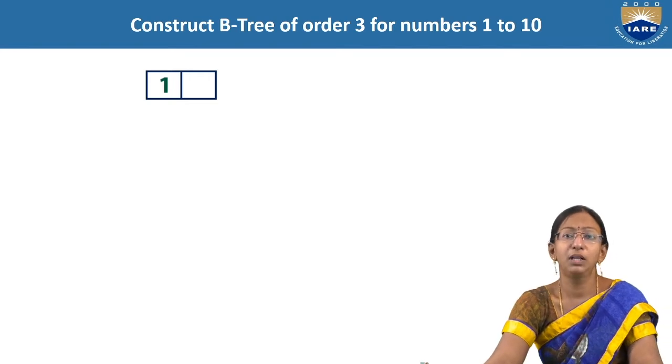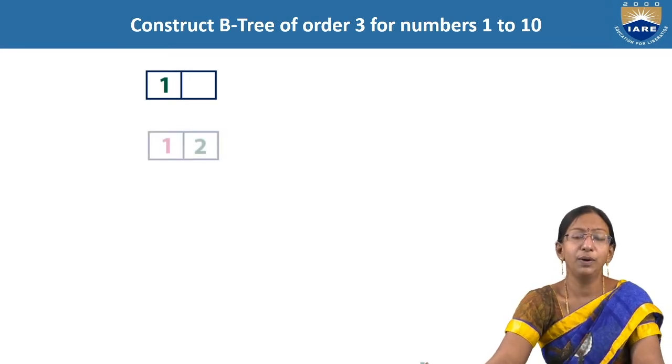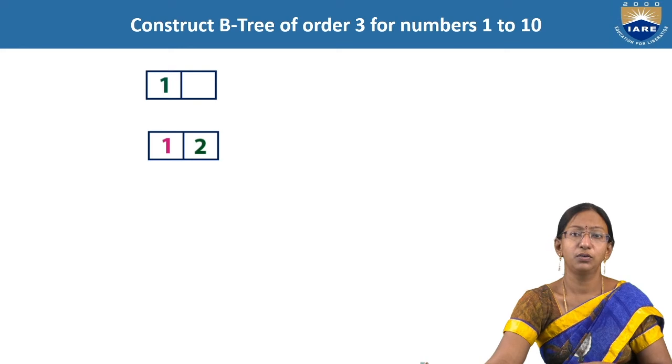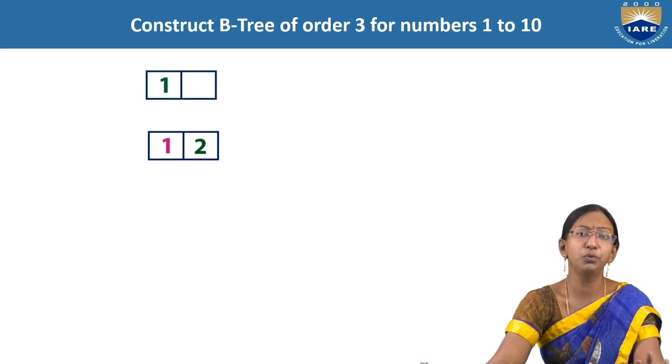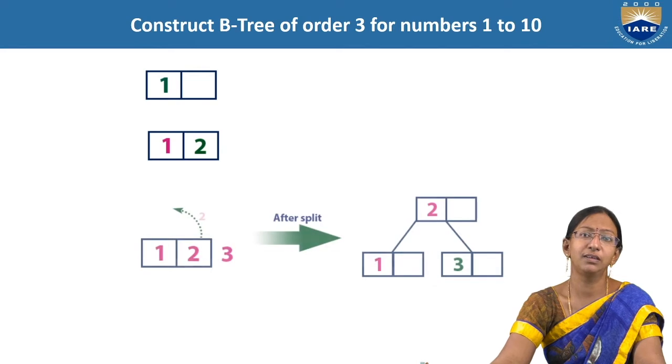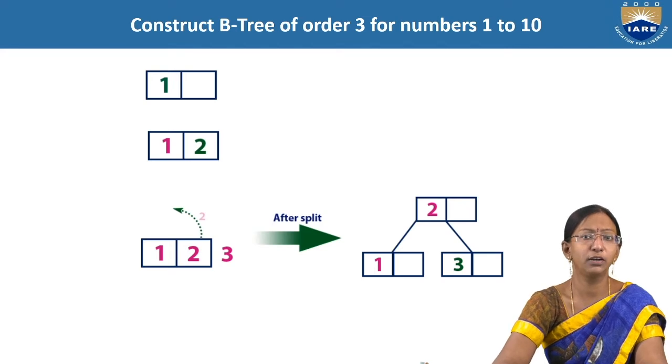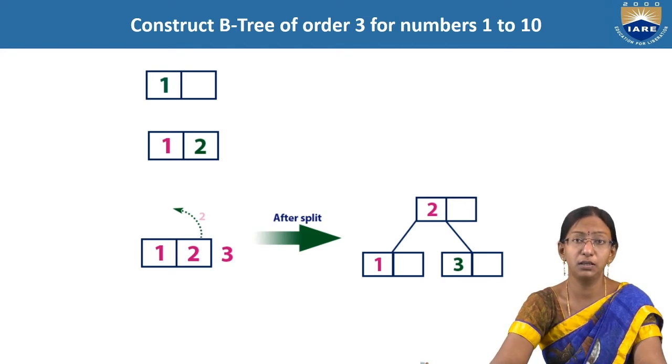So let's do this. When I insert 2, as a node can accommodate 2 keys in ascending order, insertion is fine. Now, if I want to insert 3, a problem arises. In this particular node, only 2 keys can fit. It cannot accommodate a third one.